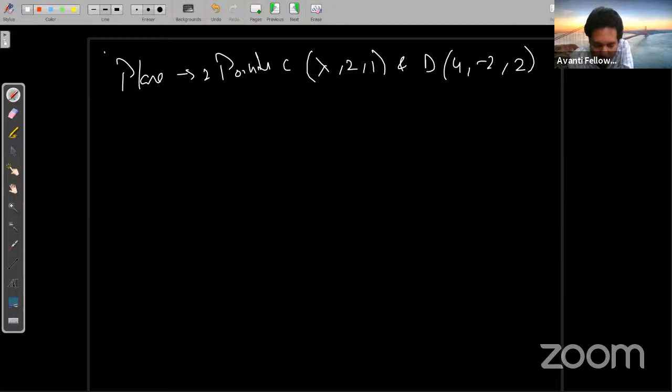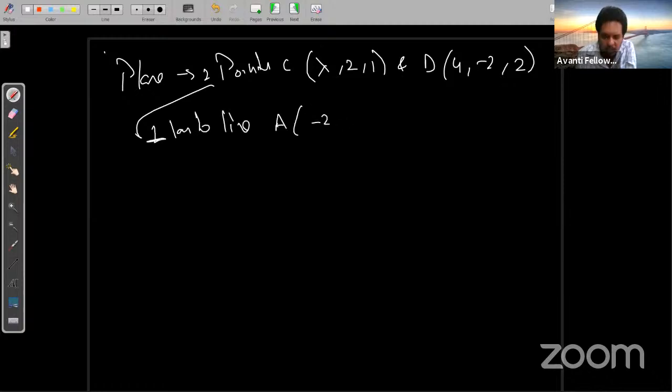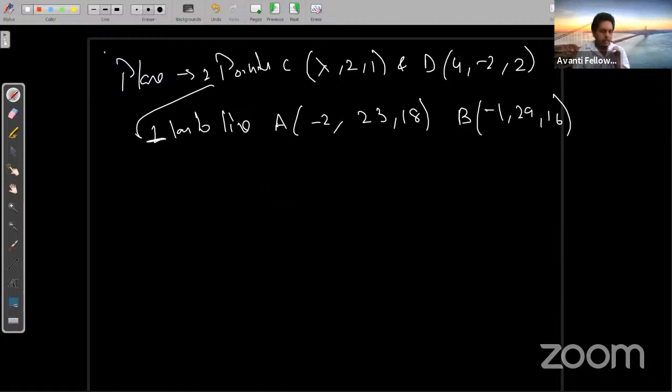And it is perpendicular to the line joining point A, which is minus 2 comma 23 comma 18, and point B, which is minus 1 comma 29 comma 16. Now this vector CD is perpendicular to vector AB.